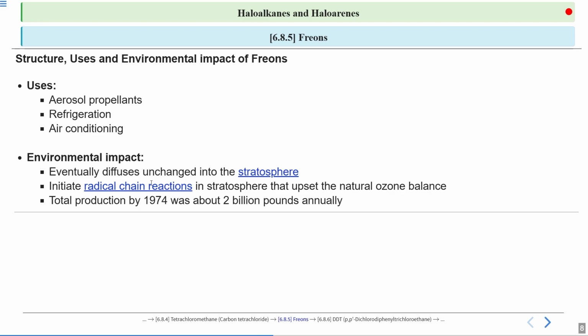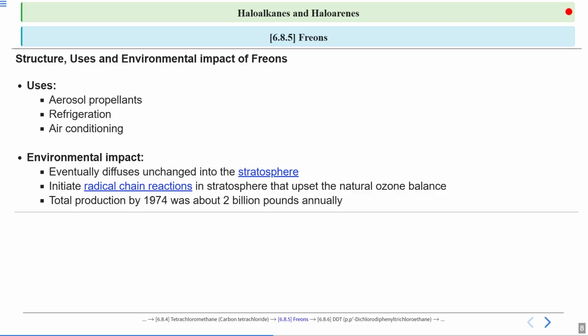Total production by 1974 was about 2 billion pounds annually. This much freon was being produced by 1974. We are right now in 2025, okay.